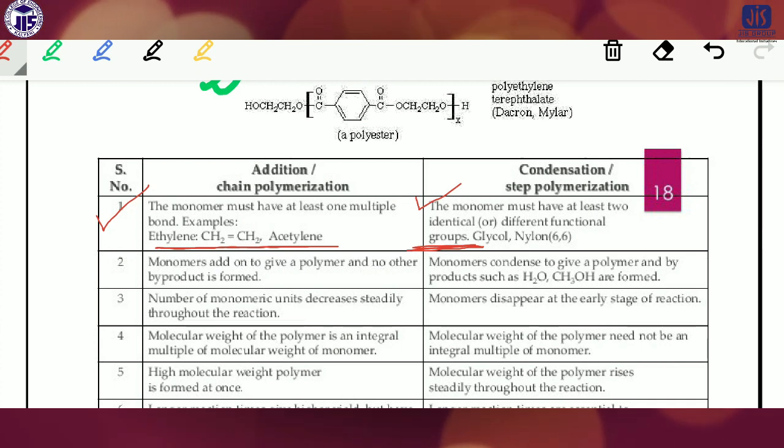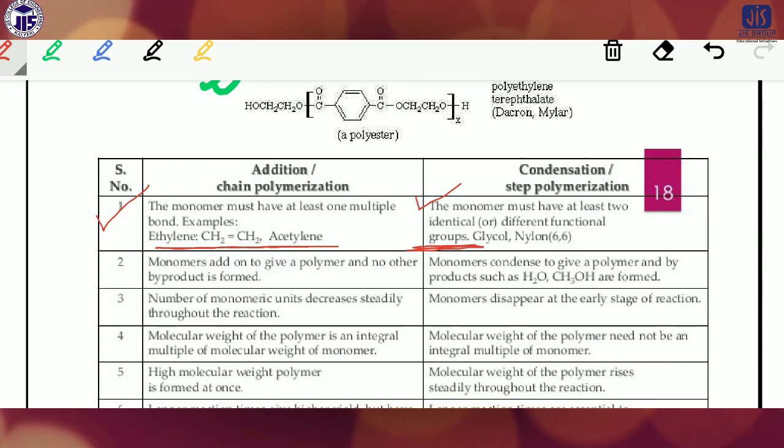It is not related to double bond or triple bond breaking and formation of a single bond. So there must be functional groups present in the condensation polymer.